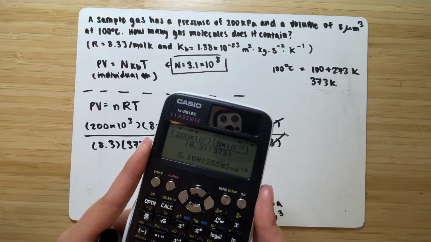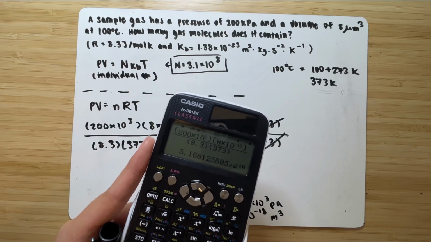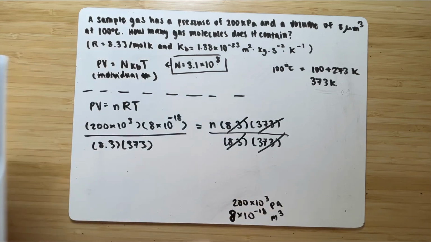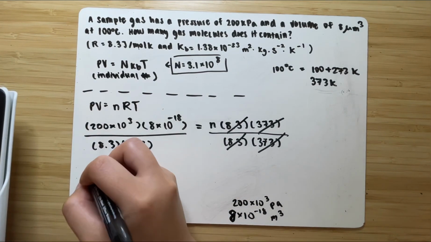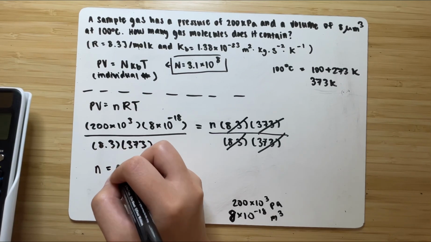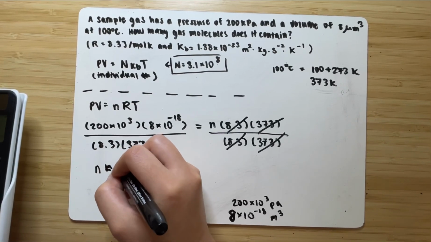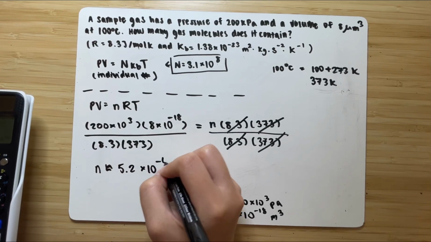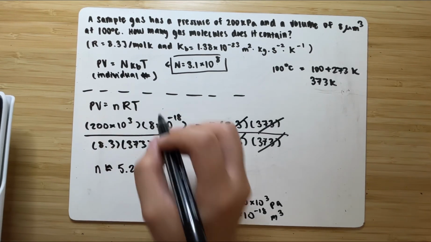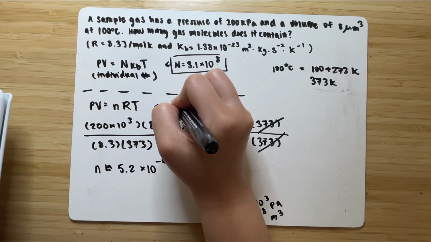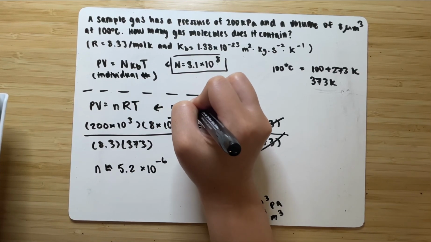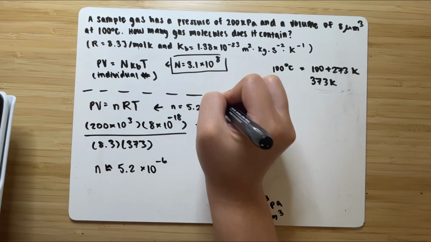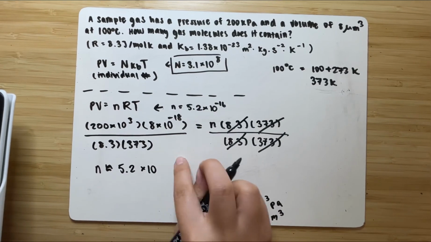You get 5.16 and so on, times 10 to the negative 16. So n is going to be equal to around, let's round it, 5.2 times 10 to the negative 16.